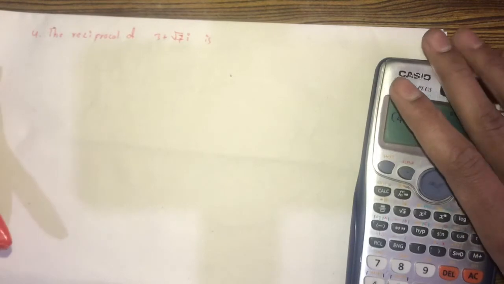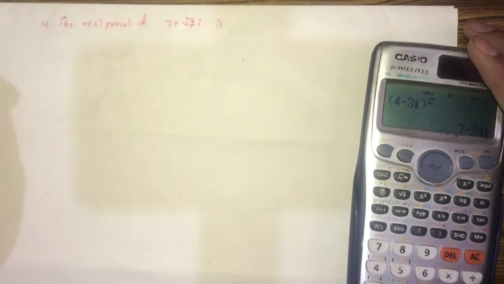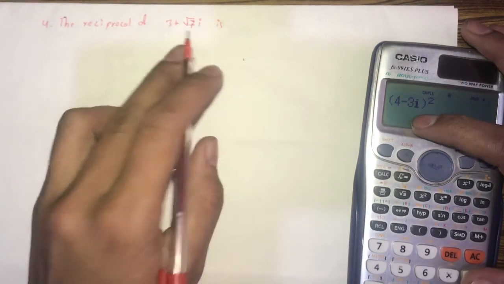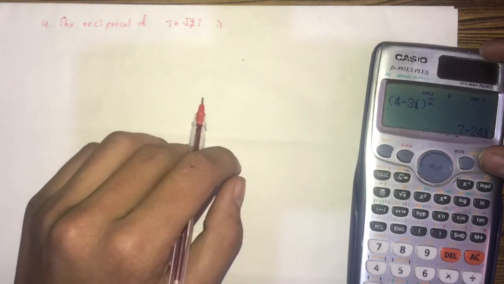Again we move on to number 4. The reciprocal of 3 plus root 7i is what? It's also simple.